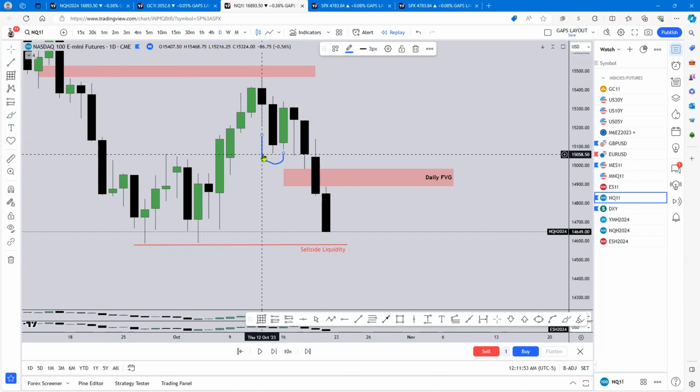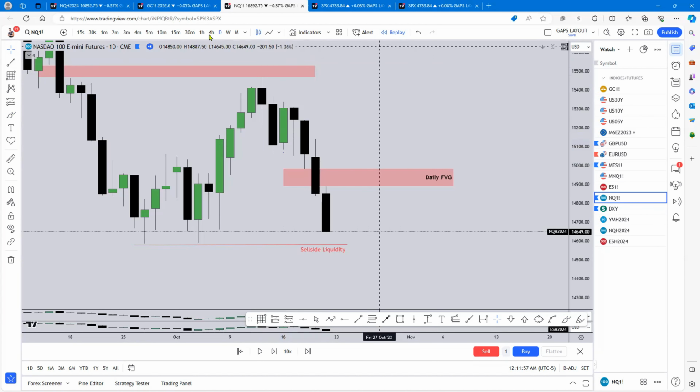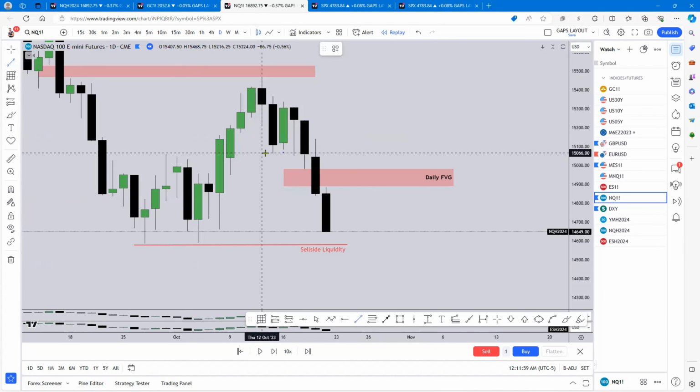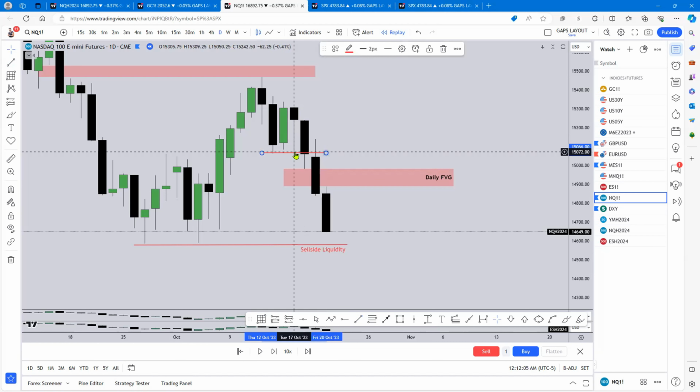Price in this low here, we never really got a strong close below these lows. This candle kind of closed in there. We left this volume imbalance. It wasn't until we got this displacement on the daily down that we got a strong closure here.